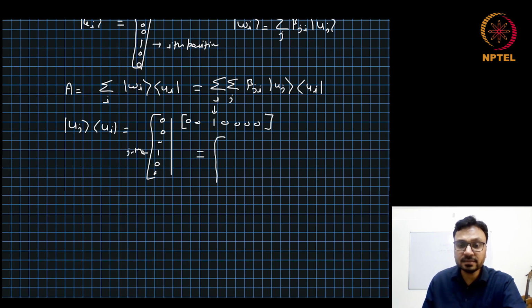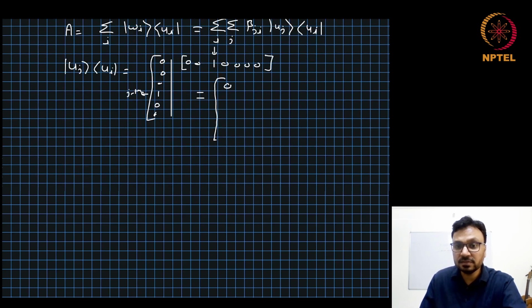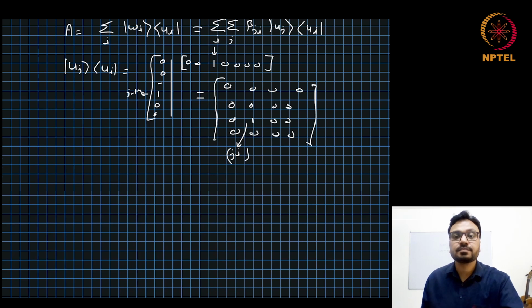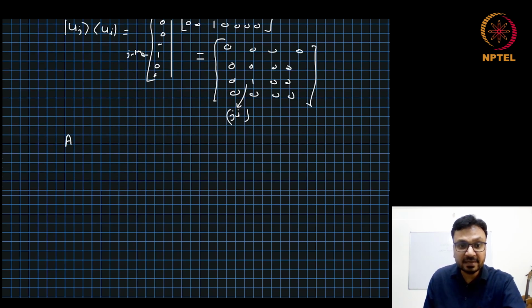So this will give us a matrix which is all zeros, and this 1 is at the ji position. So this Uj bra Ui is a matrix with just a single 1 and all other zeros, and that 1 is at the ji location. So if we put everything together, we get A to be beta ji at the ji location and everything else 0, summed over j and i.